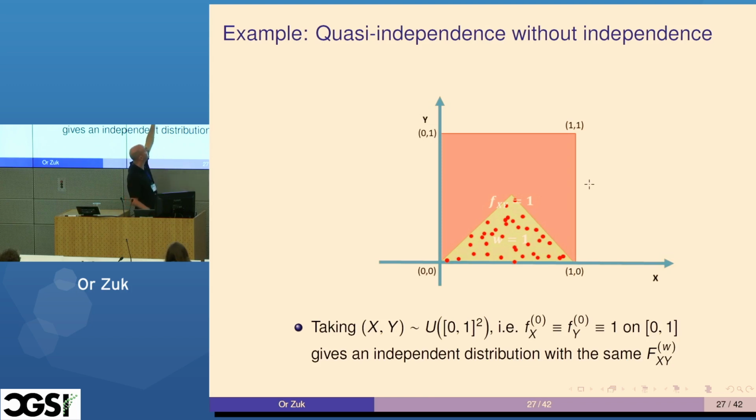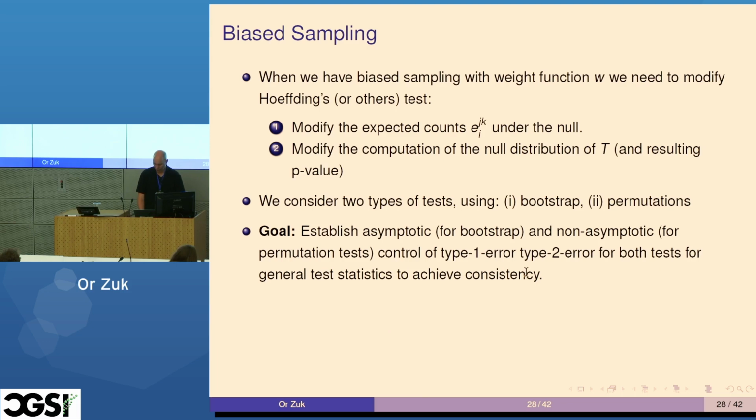So if you have this uniform distribution over the unit square, after you use the biased sampling, you will get the same sampling distribution as the one that was dependent. So again, we have certain biased samplings that after we apply them, we cannot really distinguish between dependent and independent data. So we have to change the definition a little bit.